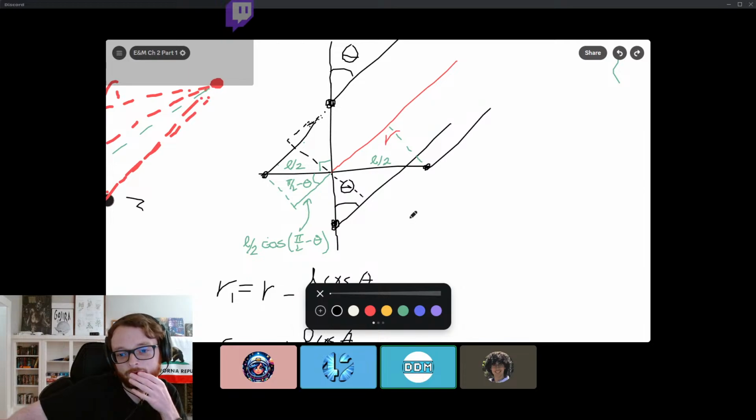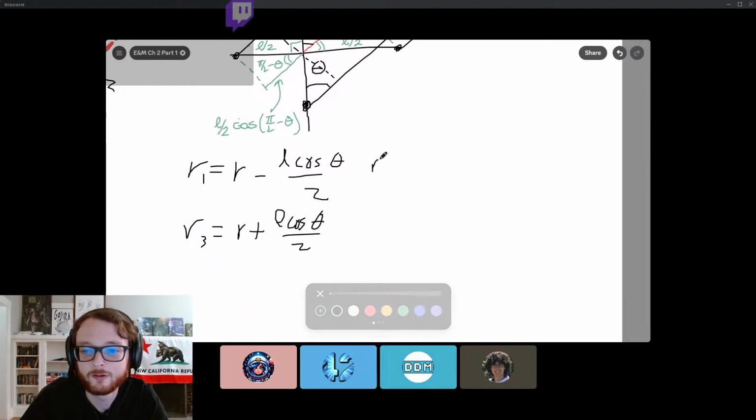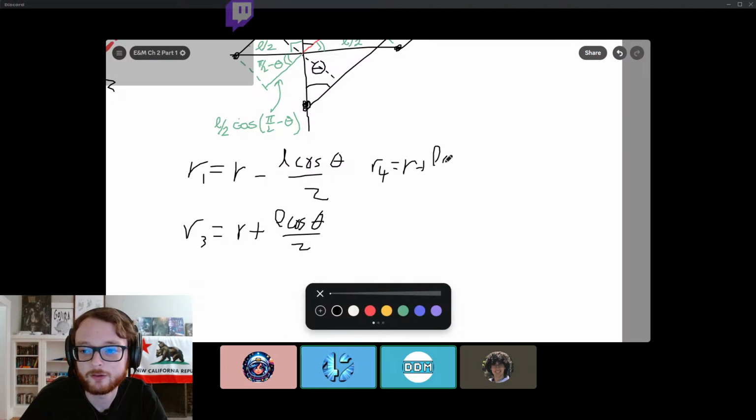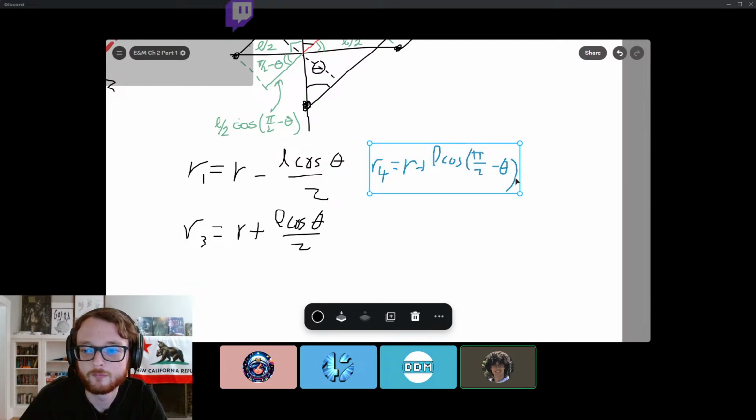Is that extra distance over 2 cosine? Where is it pi over 2 minus theta? I'm trying to. Oh, because this other angle's theta, right? Yeah. Okay. That seems reasonable, yeah. So I guess for R4, we'd have R plus the factor you just got. I'm not sure, it does look like sine. Yeah.